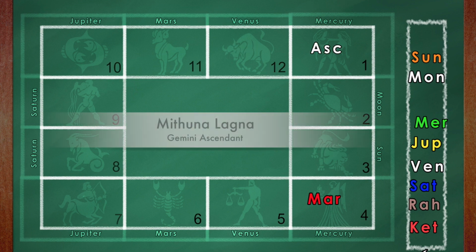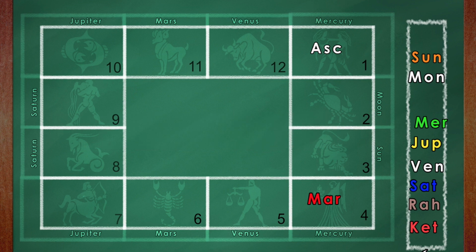Now this is another case of Mars being in the fourth house, and this time Mars is not in a good mood because Mars occupies the sign of Mercury. You also by now know that for Mithuna Lagna or Gemini ascendant, as in this horoscope, Mars is a very important, a top rated functional malefic.